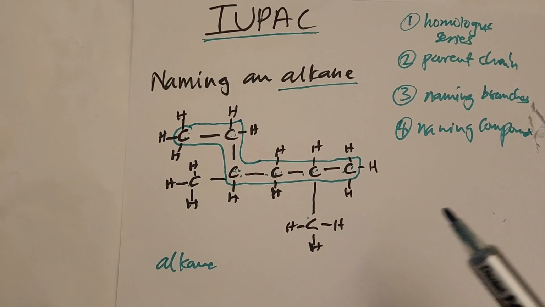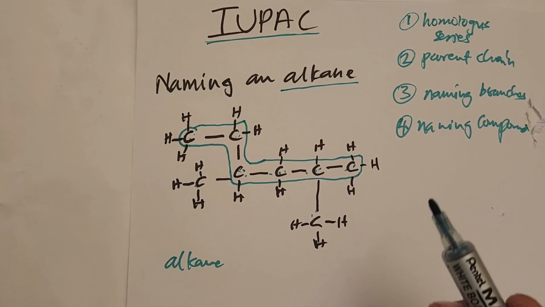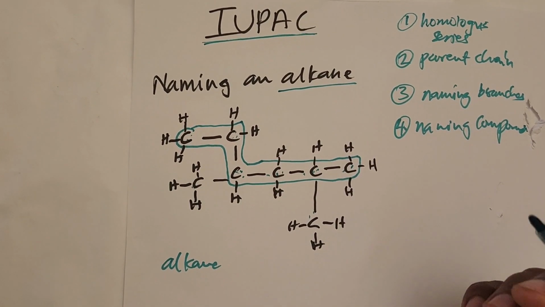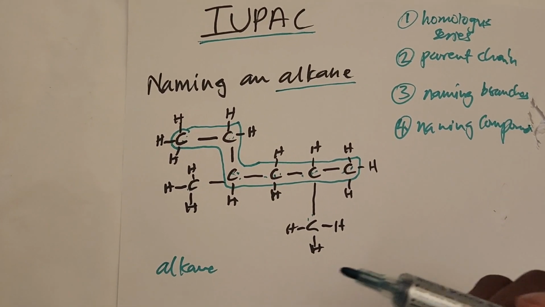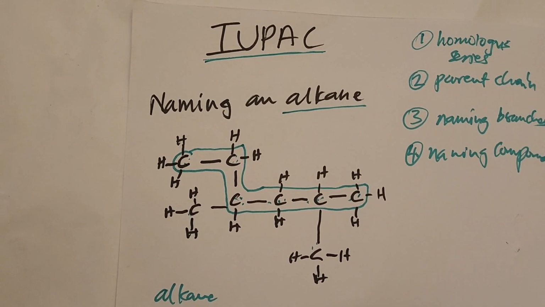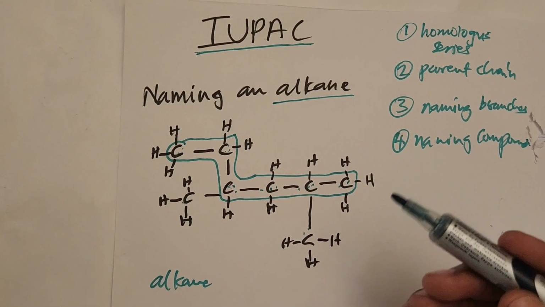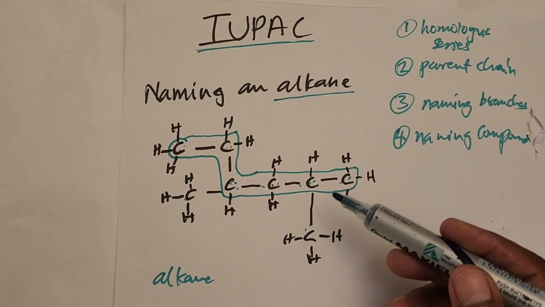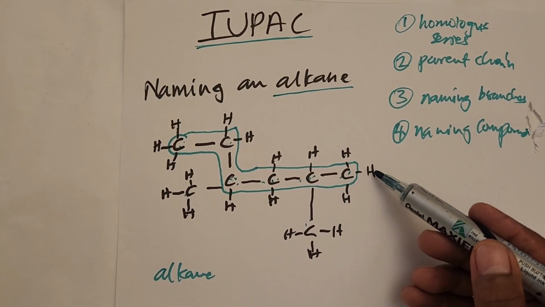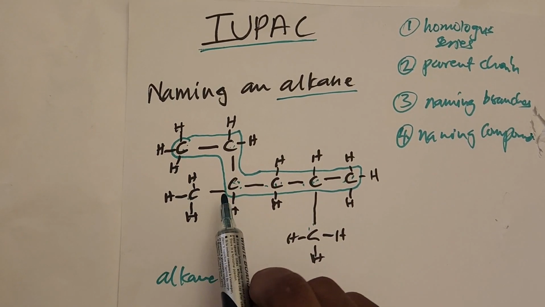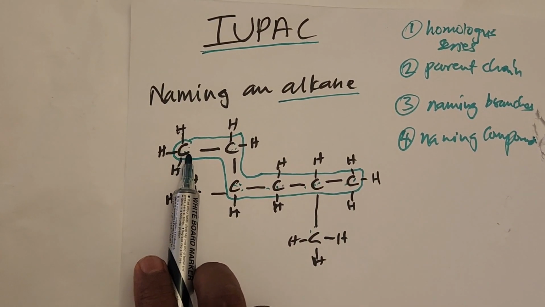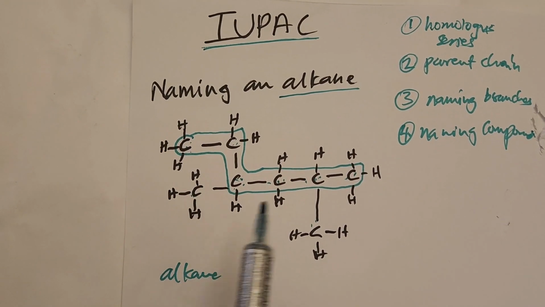Now once you have circled this one, the second thing, while still on the parent chain, you have to number the carbon atoms. When you number the carbon atoms, you start from the side which is closer to the branch. If you start from the left, the first branch is at carbon number 3.